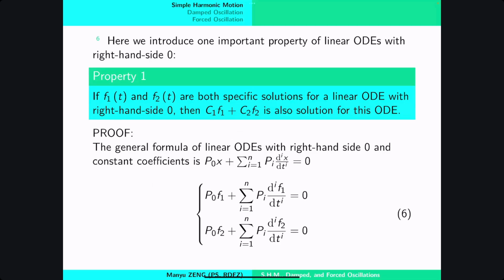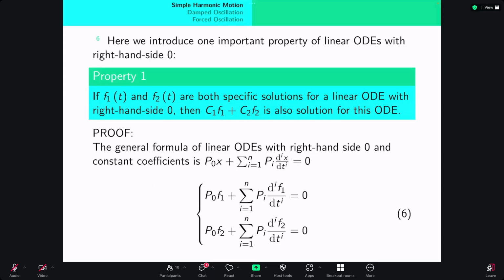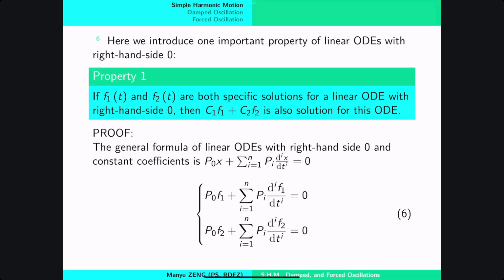The general formula of the linear ODE, if you recall my last session, is in this form.